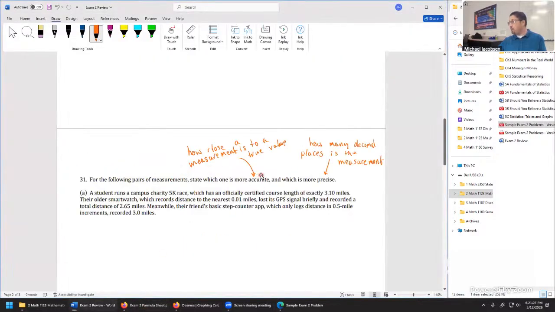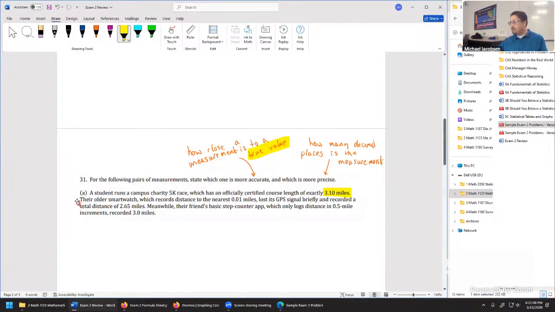Okay, so with those two ideas down on paper for what the accuracy is versus precision, here's the scenario. Well, true value is important here, so let's highlight that as we go. It says a student runs a campus charity 5K race, which has an official certified course length of exactly 3.10 miles. We'll think of that as being the true actual length of this race.